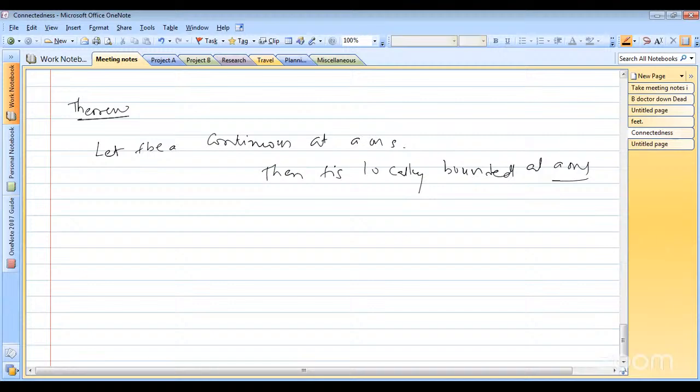Now we have to learn differentiation. The definition. Before the theorem, I want to introduce differentiation. What is the function?